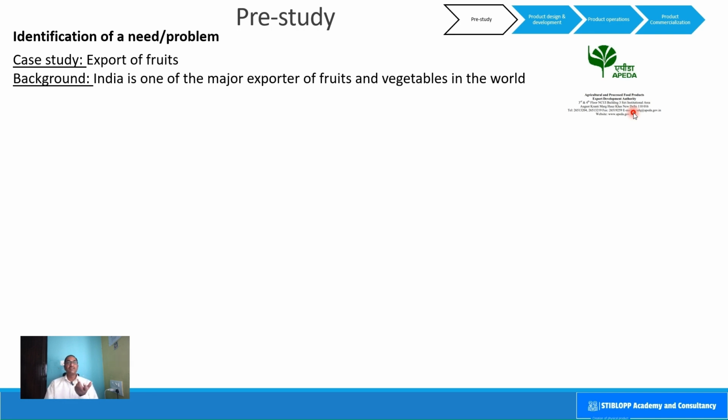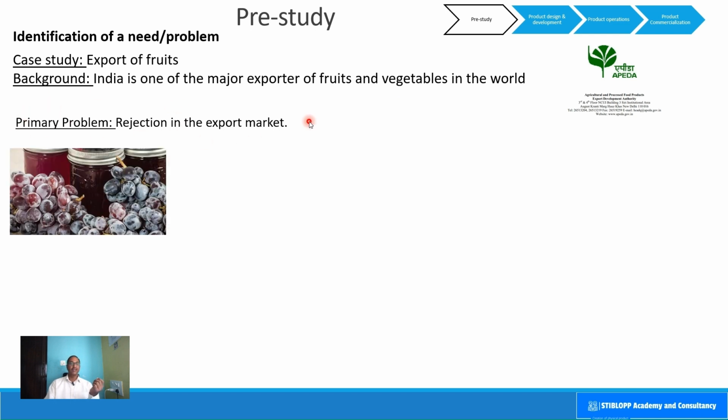Now, what is the fact that is happening? Most of the time, the fruits that are brought for exporting will get rejected. So this is the primary problem. Okay. So you can see that this is the picture of the grapes which got rejected. Okay.